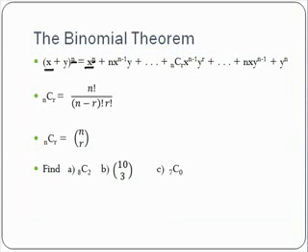And the very last term in the expansion is going to be y to the n. So if I have (x plus y) to the 9th, I know my first term is going to be x to the 9th, and my very last one is going to be y to the 9th. That's just one of the patterns that we saw before.